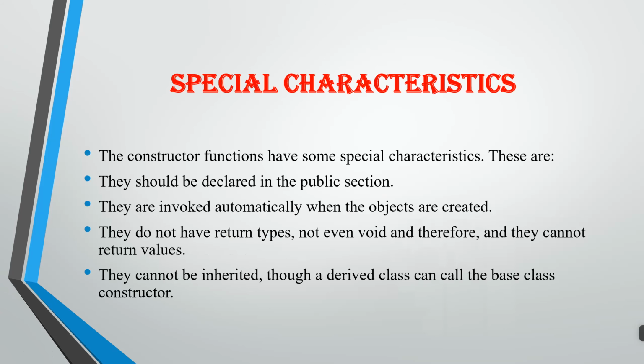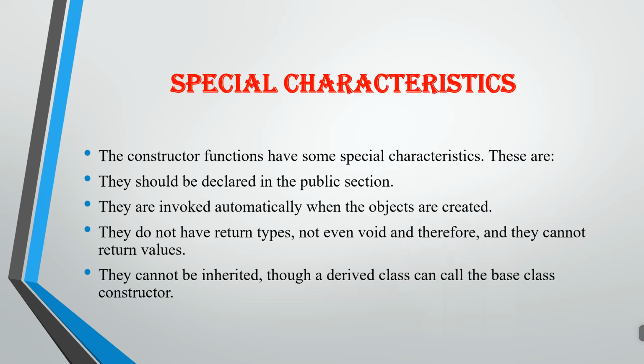So now, what are the special characteristics of the constructor? Let us look into it. What is a constructor? It is a function. Constructor functions have some special characteristics. What are they? Let us see.